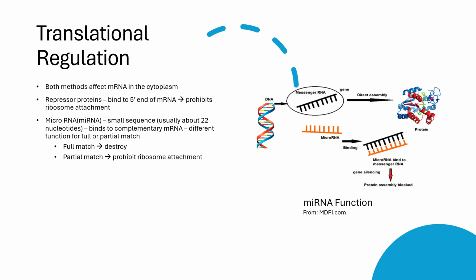These are small sequences, usually about 22 nucleotides. They bind to a complementary piece of messenger RNA, and if it's a full match, they just outright destroy the mRNA. If it's a partial match, they just prohibit its attachment to the ribosome.